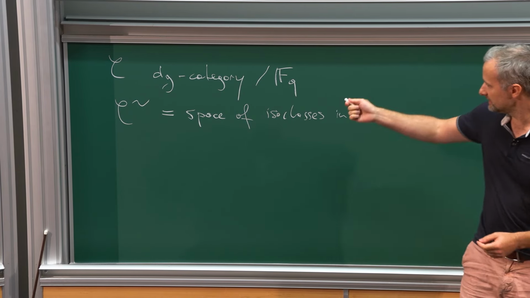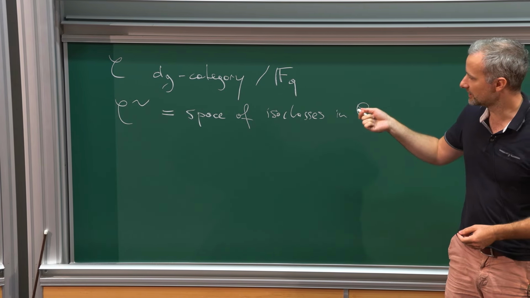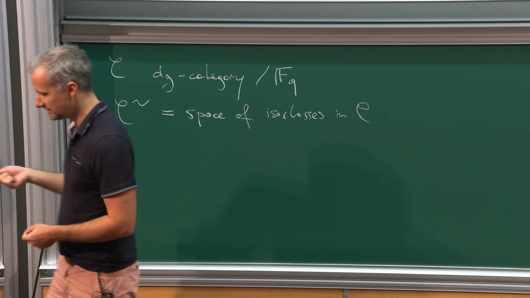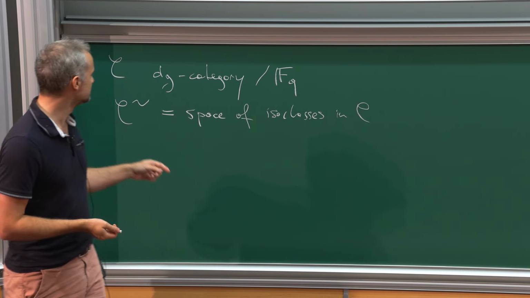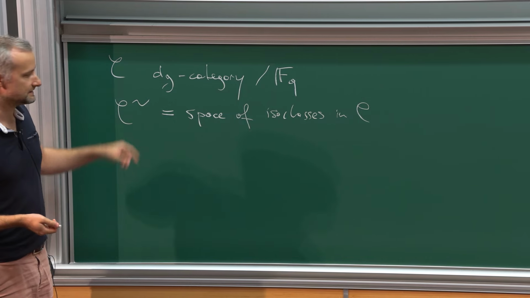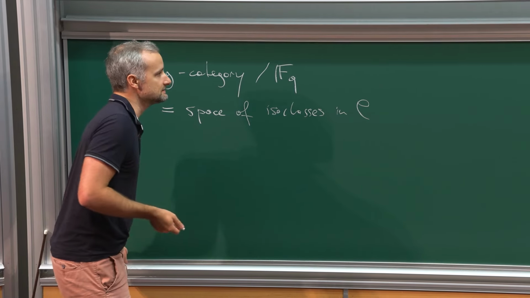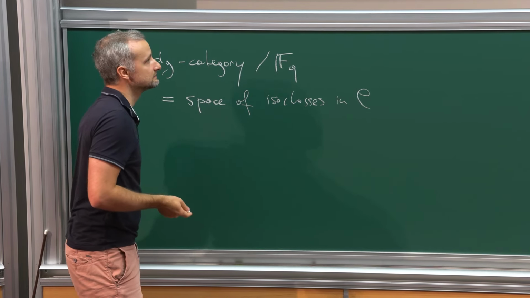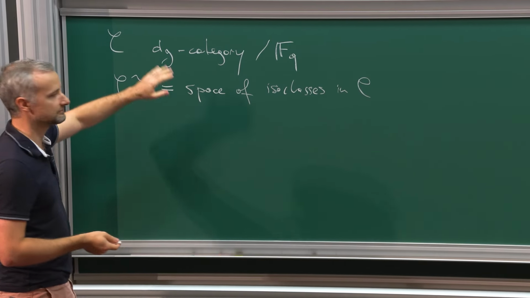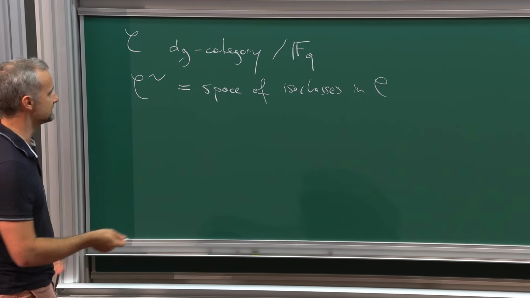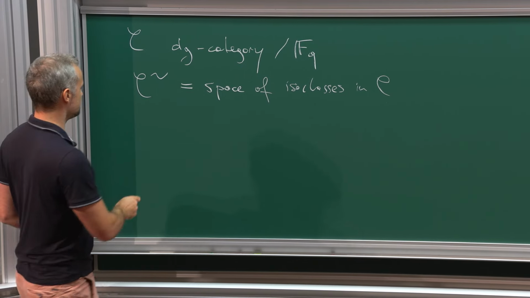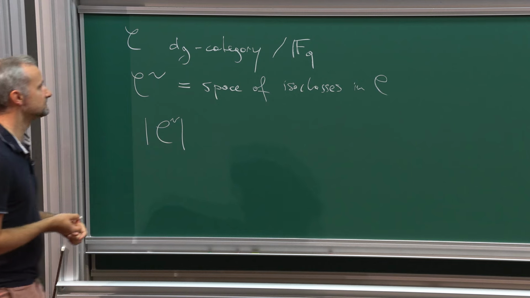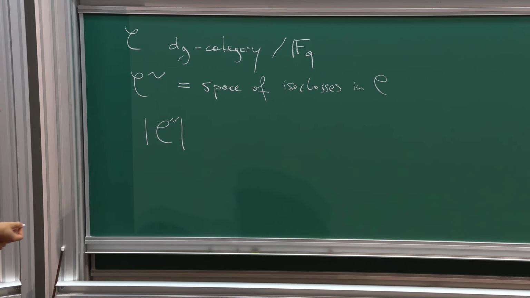Pi 1 of this space is the automorphisms of an object, and the higher homotopy groups of this space are the negative Ext groups from objects to themselves in this category C. So, assuming this is finite enough, there's a finite number of isomorphism classes, and Ext groups eventually vanish, then we can consider the homotopy cardinality of this space of objects.